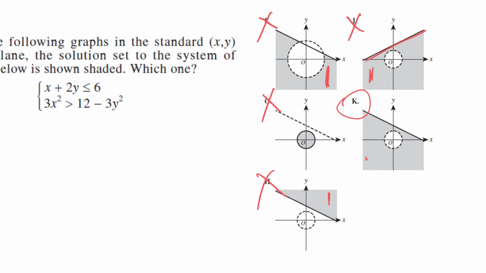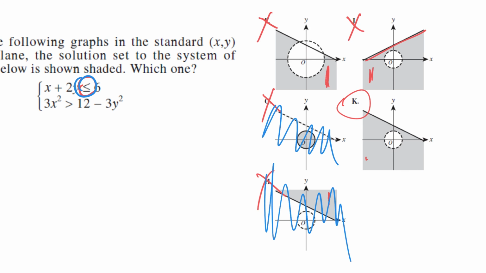Remember, we have equal signs and greater than or equal to signs. When we have greater than or equal to signs, like we have on this linear equation, this is going to be a solid line. So this one is out because it is a dotted line. It's also going to be shaded below this line because the y is on the left and it's positive, so that answer's out.